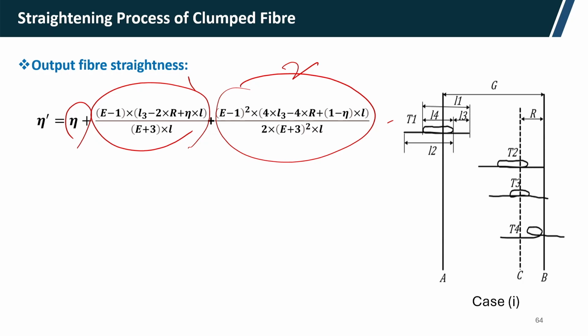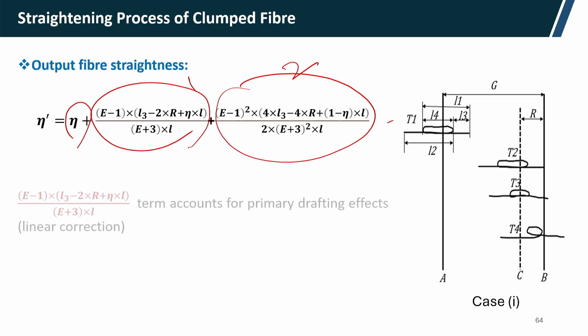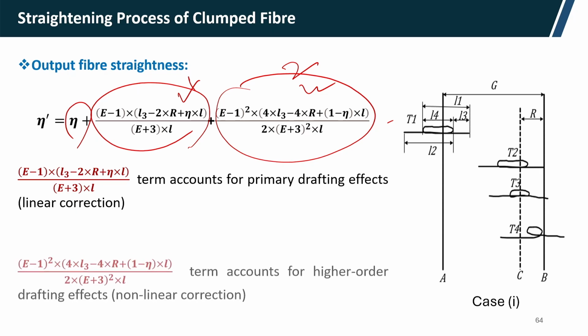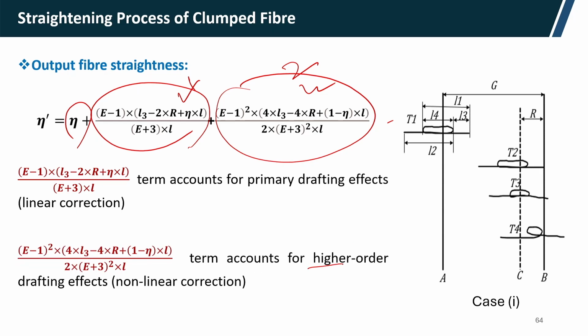These are complex relationships which are derived. Term 1 accounts for the primary drafting effect, a linear correlation, and here it is a quadratic correlation. So, the higher order term is the non-linear drafting effect. So, we can derive the linear as well as the non-linear correlation. Here the draft has power 1, here it is a square.